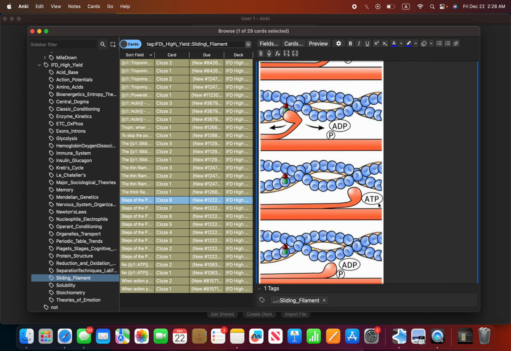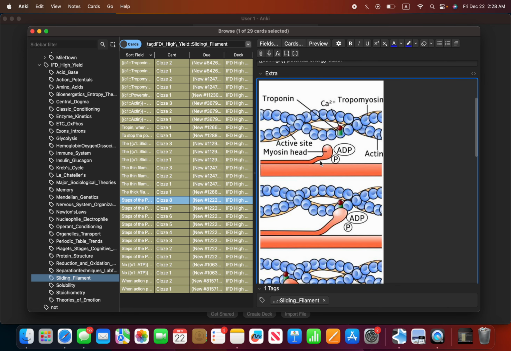Immediately when it attaches to the myosin head, it detaches it. When troponin is bound to calcium, you can see that it prevents the myosin head from interacting with the active site.